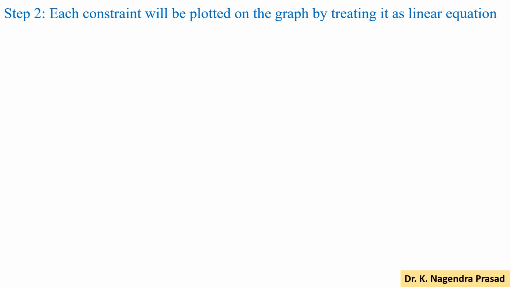Next step is each constraint will be plotted on the graph by treating it as a linear equation. Before that, we have to find the coordinates of each constraint equation. So let's see the first constraint equation, that is x1 plus 2x2 equal to 40.